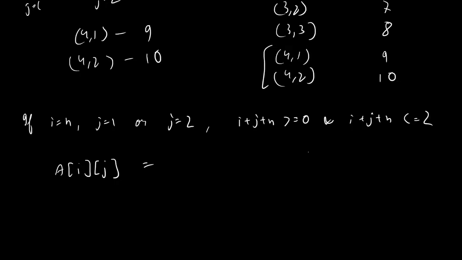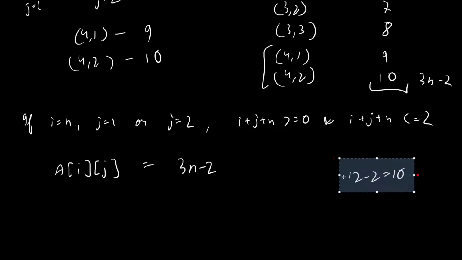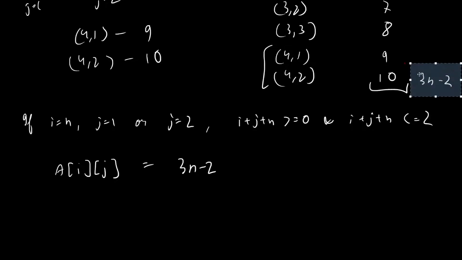In this case, we will be considering the total number of elements stored, right? That was 3n minus 2 because we are beginning from the end in mind. This is 3n minus 2 for 4, so 4 times 3, 12 minus 2 equals 10. This is the index of the last element, that would be 10. Beginning index is 1, and so ending will be at 10.